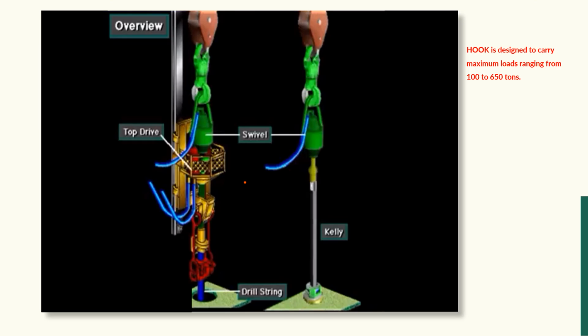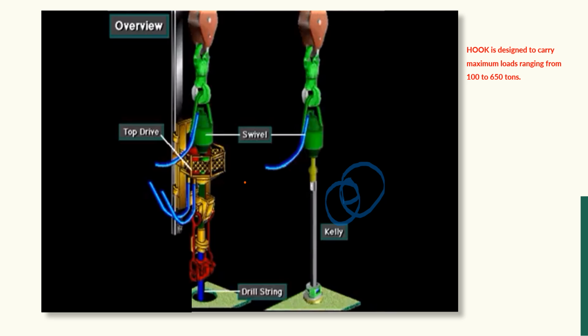Okay, in this image we have two parts. So this one is about if our rig is a rotary table and Kelly drive rig. In that situation, the Kelly will be hung below the swivel. And if we have a top drive rig, which is general nowadays, most rigs are top drive rigs because the top drive rig has many advantages and features, which make the drilling fast and safe.